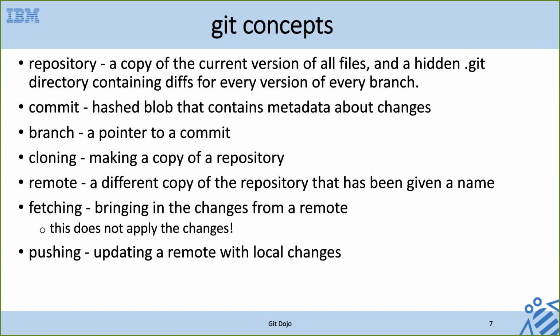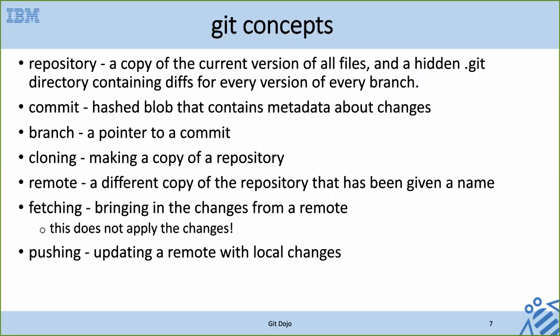Commit, we already described before. It's a hashed blob, that data structure that contains the metadata about the different changes to files, and you can point at it and say, this is the commit we're working on, and that would be a branch.